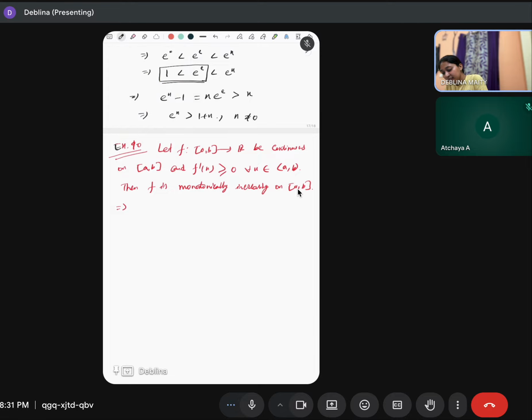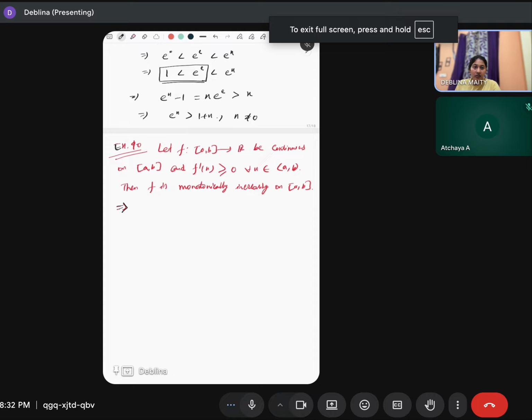If it is identically 0, then it is a constant function, and if it is greater than or equal to 0, then it is a monotonically increasing function. Okay, so the proof is simple. Again, the use of the mean value theorem. So monotonically increasing means what?